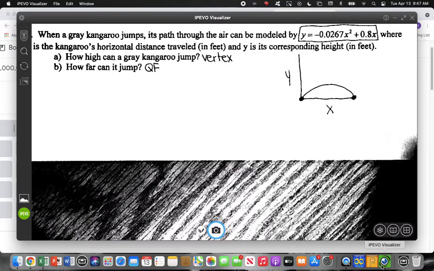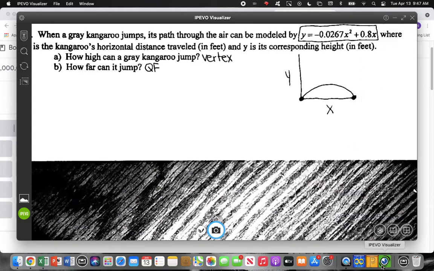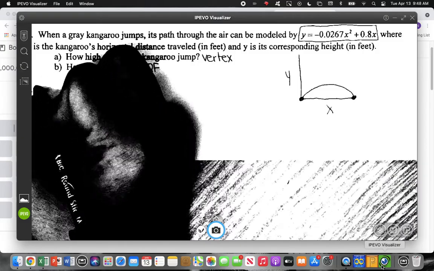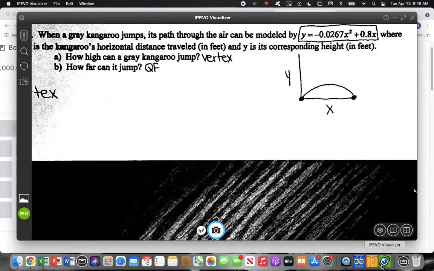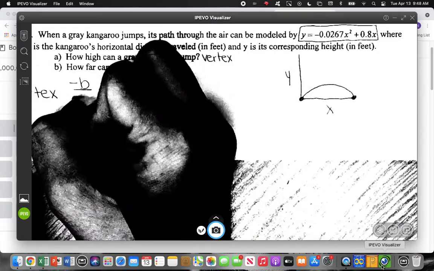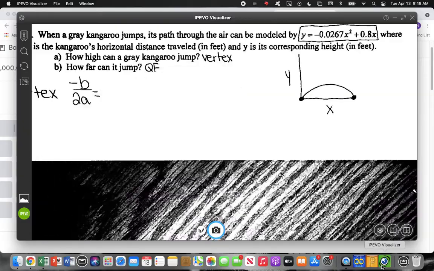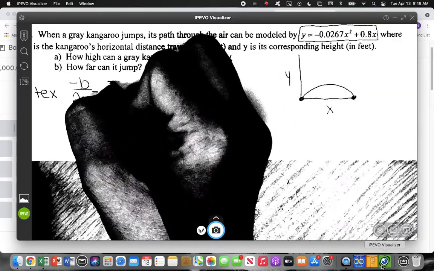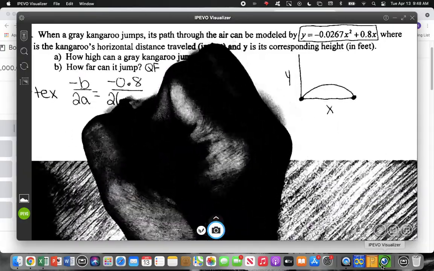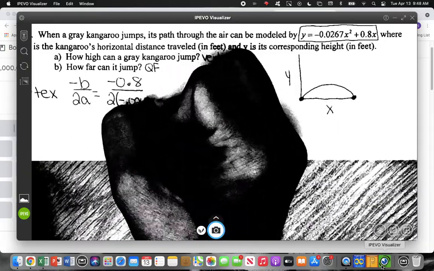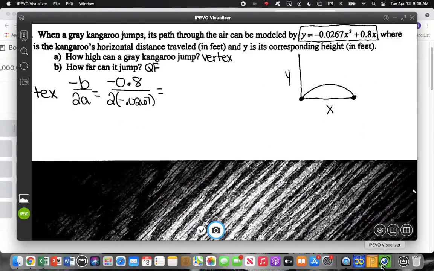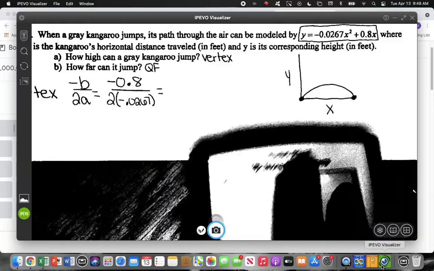The first thing we want to do is find the vertex of this equation. The negative b would be negative 0.8, over 2 times negative 0.0267. I'm going to use my calculator. I don't want to jump back and forth.